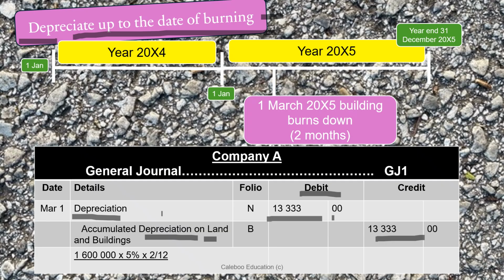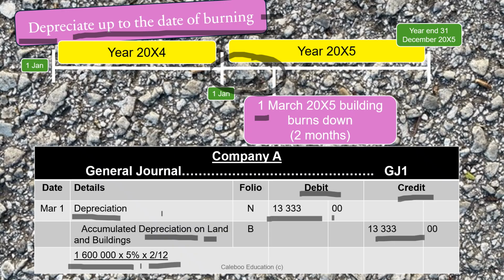Accumulated depreciation on land and buildings makes your land and buildings worth less in the books. Decrease in assets, credit. How this was calculated was, we took the cost of the building, 1.6 million, times 5%, because they said it was 5% on the straight line basis, times 2 over 12. Because in this new year, only 2 months passed by until the building burnt down.